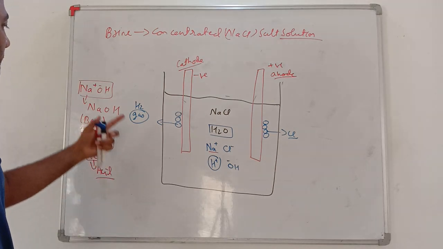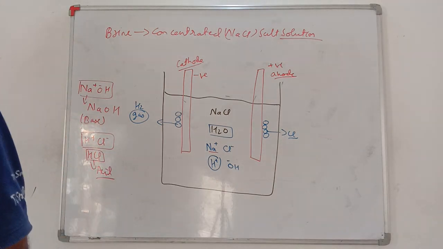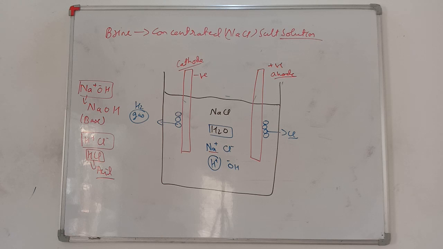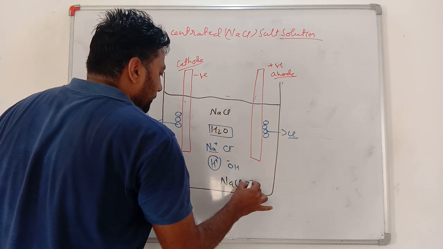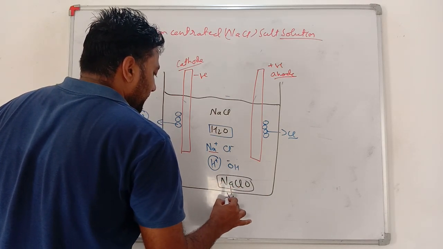Very important. See my dear student, how many products we are getting. Along with it, one more special type of product we are also getting in this process, that is NaClO, sodium hypochlorite.